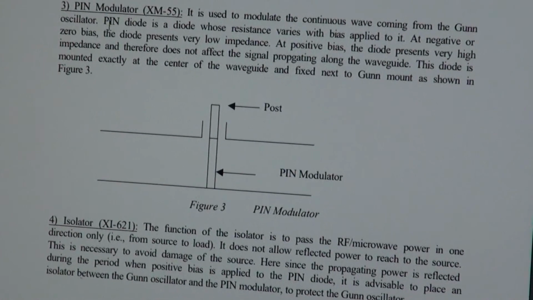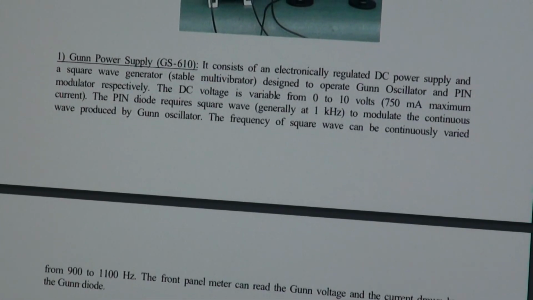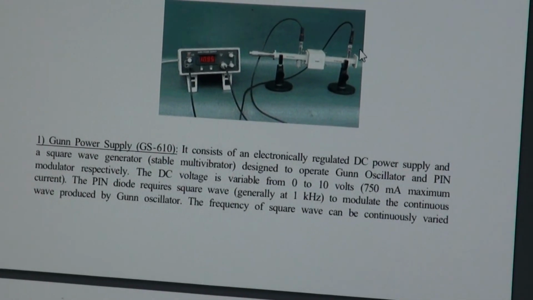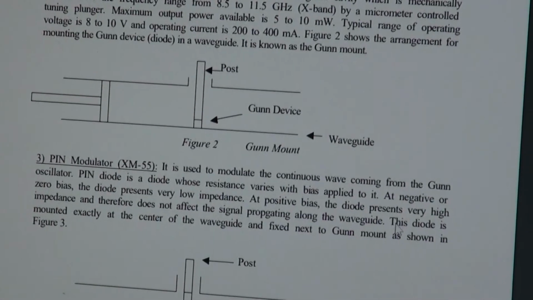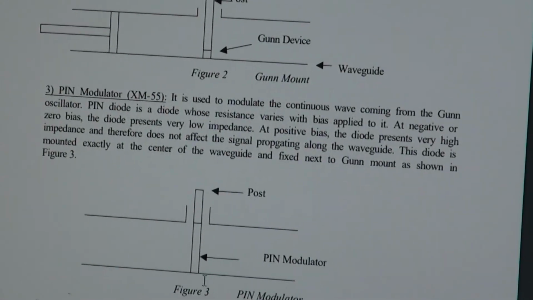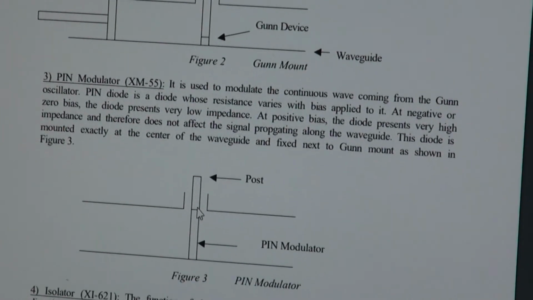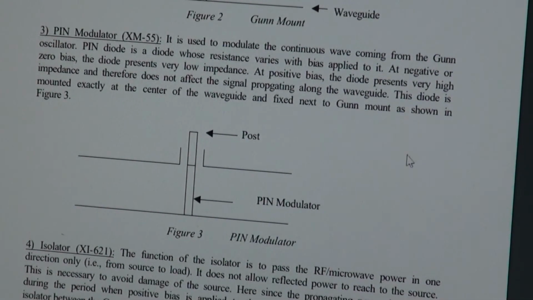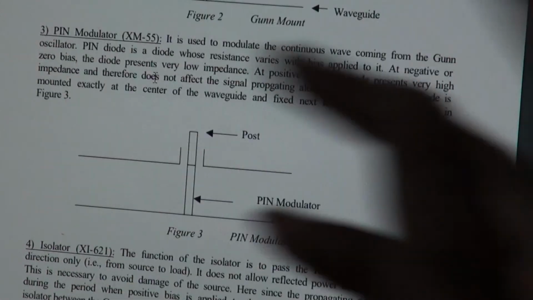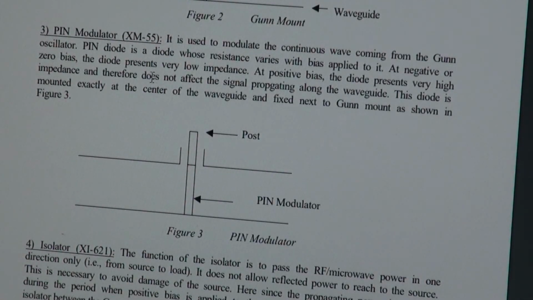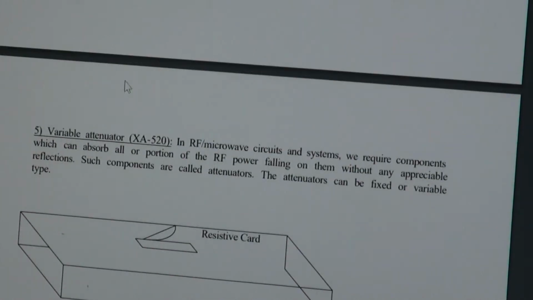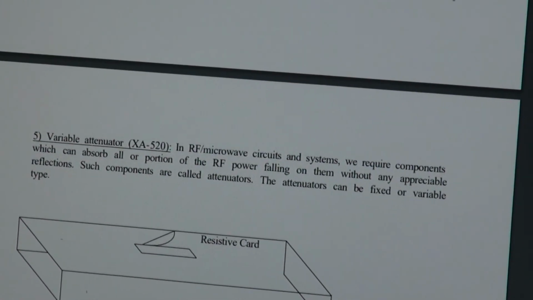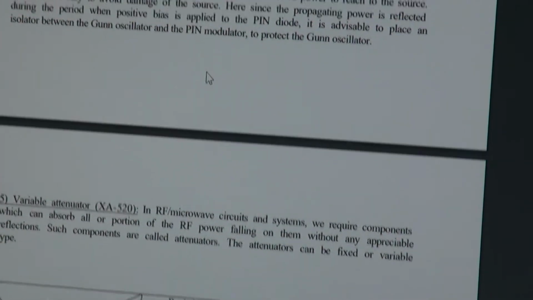The third component is the PIN modulator. In this figure this is the PIN modulator, and this is a figure of the PIN modulator. This is a post, and the description of the PIN modulator is also available, so you can read in more detail. And the fourth one is the isolator, and the detailed function and description of the isolator is also available in section 4.